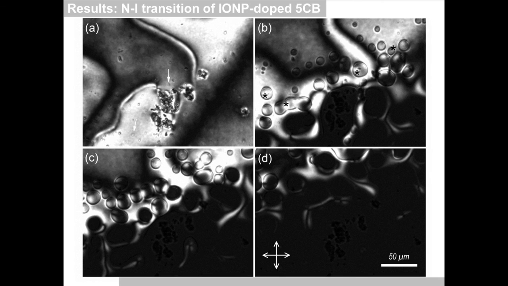And in this series of snapshots, we see that the granules in the initial nematic matrix act as the nuclei for the development of isotropic domains. And after, the grown domains coalesce to be a larger isotropic domain.